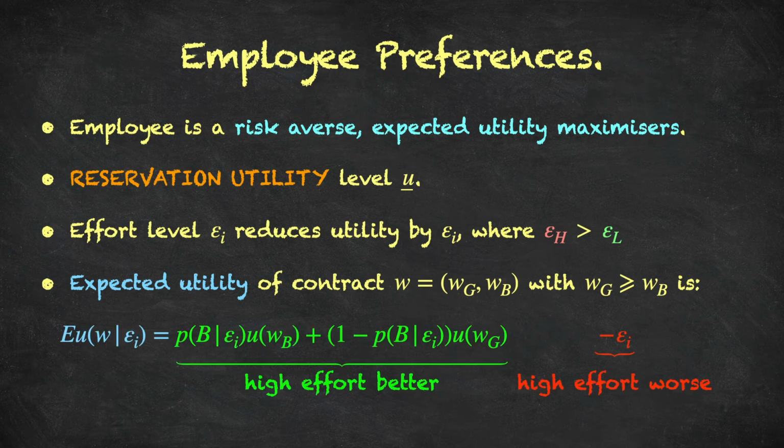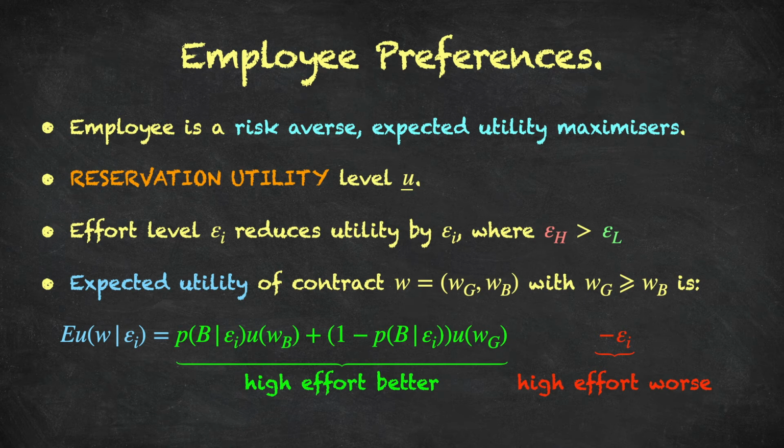The first effect is that it increases the likelihood of the good state or reduces the likelihood of the bad state. So higher effort is better in part for expected utility because it increases the chances of getting that good wage, which has higher utility than the bad wage if the good wage is no less than the bad wage, which is a natural assumption.